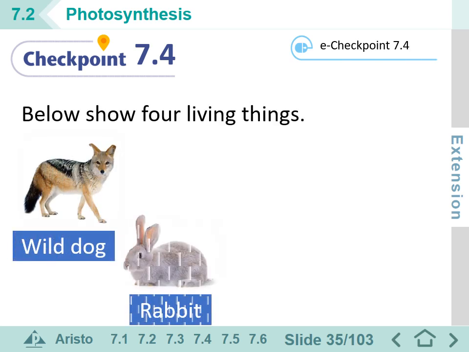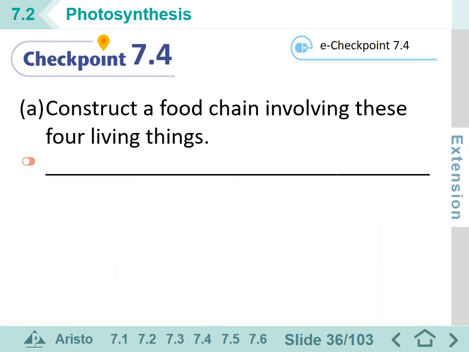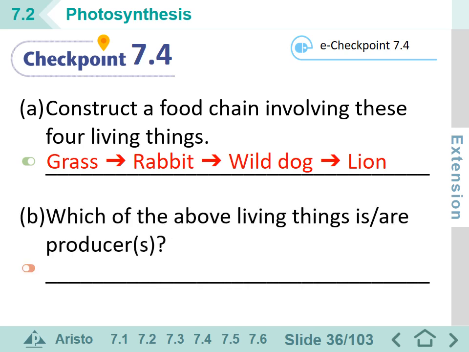And now, please do Checkpoint 7.4 on your own. Okay, you may stop this video and I will show you the answer. Construct a food chain involving these four living things. Which of the above living things is or are producers?